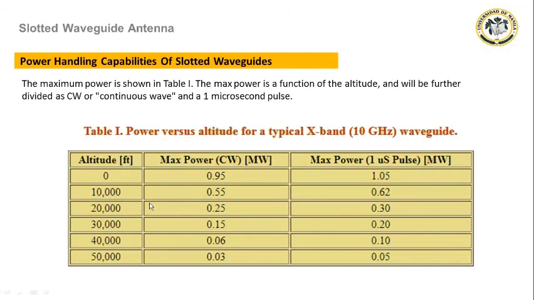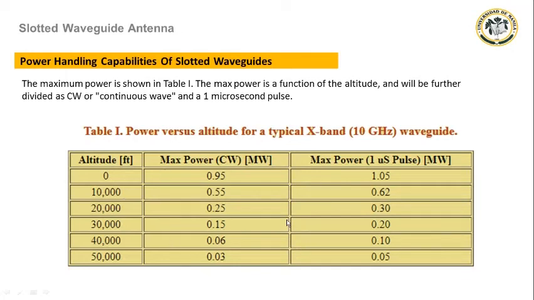Next is the power handling capability of slotted waveguides. Slotted waveguides are often used because they are capable of transmitting high power levels. To give an idea of what they are capable of, I will present a brief table from Gilden and Gould's handbook on high power capabilities of waveguide systems.